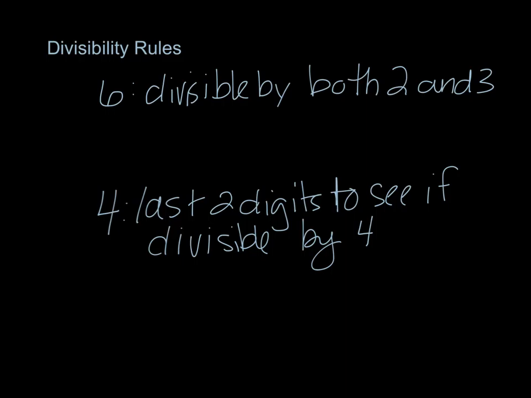The other numbers you'll just have to check, and I usually will check either with my calculator or with my multiplication chart. So like your 7s and your 8s, those you'll just have to check. Also, you'll need to check any prime numbers when you're doing some more advanced simplification. Let's take a look at some numbers with the 4 and the 6.